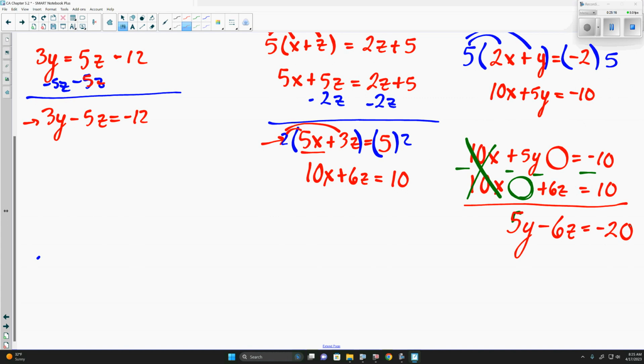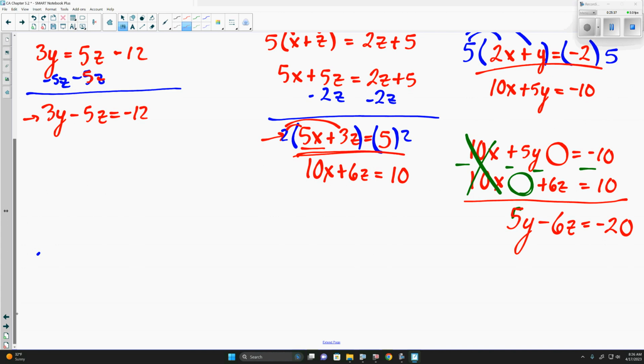Now at this point here, we can't use either one of these two equations because we use both of them to get our 5y minus 6z, yes? The other equation we have is also in y and z, so now we can use these two to eliminate out. Which one do we want to eliminate, y or z?